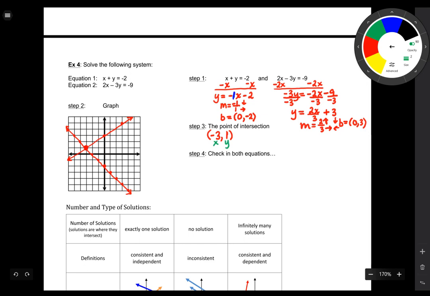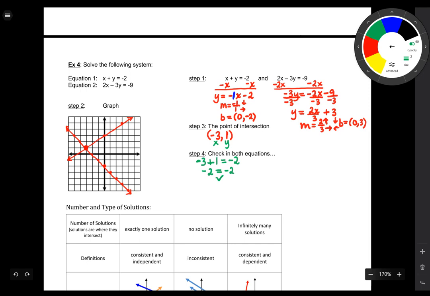Let's go ahead and check it. So we are going to replace in equation number 1, x with -3 and y with 1. -3 plus 1 is -2, and that equals -2.